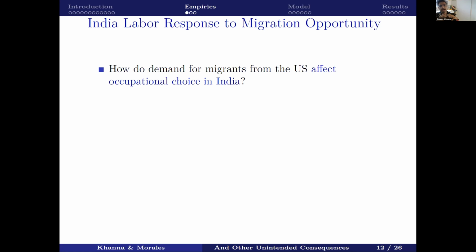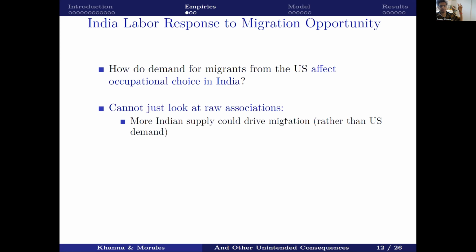tries to understand how did this demand from the US for computer scientists and for high-skilled migrants, right? This demand from the US, how did it actually affect occupational choice in India? Students and workers in India, how did they respond to the fact that the US was demanding a lot more high-skilled migrants, right?